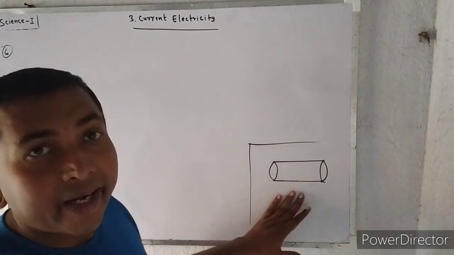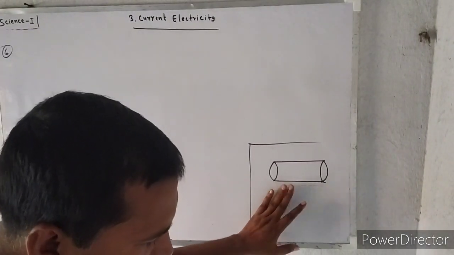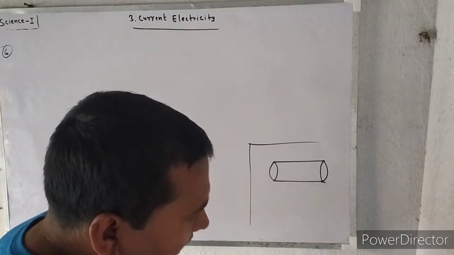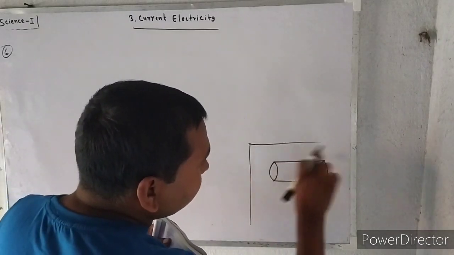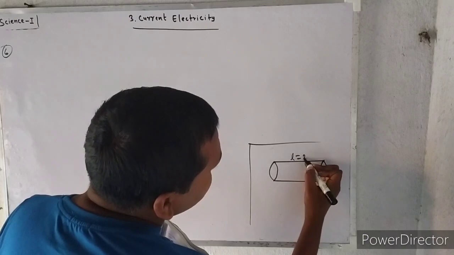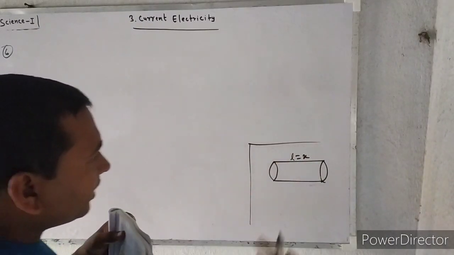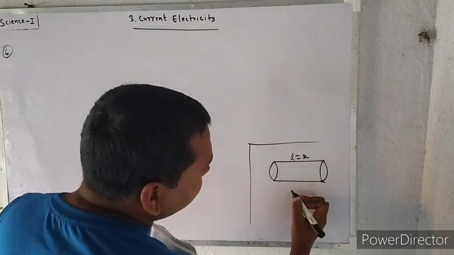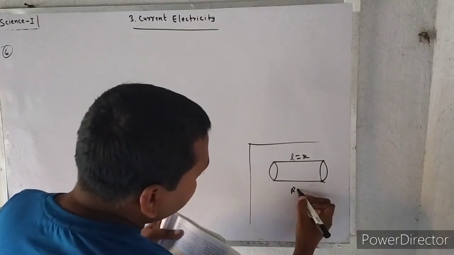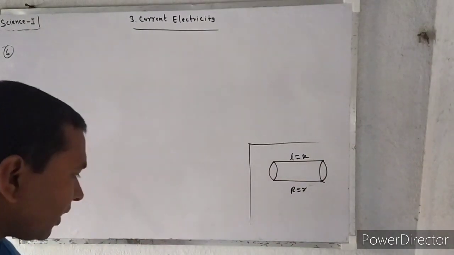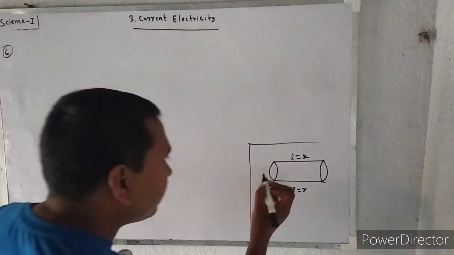For understanding purposes, I am making this diagram. Resistance of a conductor of length x. Its length L is equal to x, and its resistance R is equal to small r. Area of cross section is A.